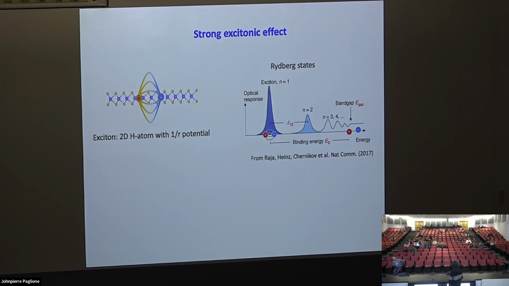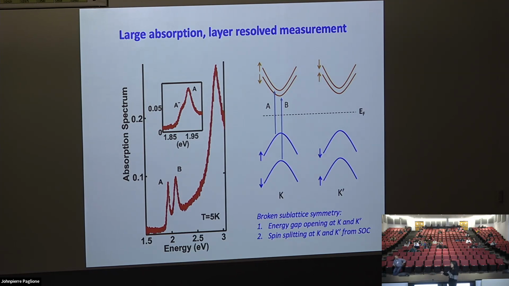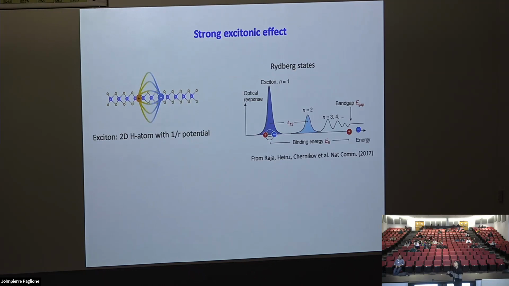We can look a little bit more into this. This is an early sample. You see not many details, but if you have a better sample, you can actually see lots of features between A and B. The reason is that you can think of the excitons as a two-dimensional hydrogen atom.